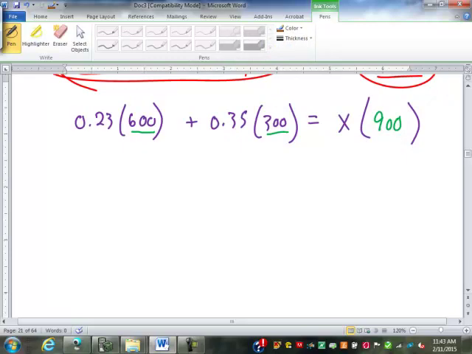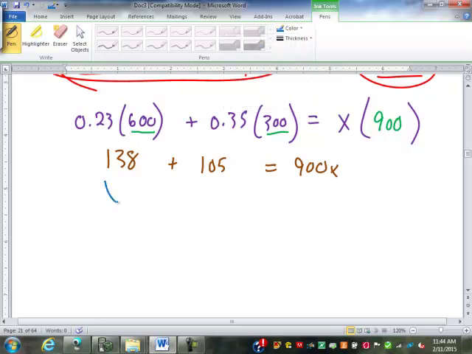So now we're going to do a little bit of calculation here. 0.23 times 600 is going to give us, what is that, 138? Looks right to me. 0.35 times 300 is 105. Equals X times 900, which is just 900x.